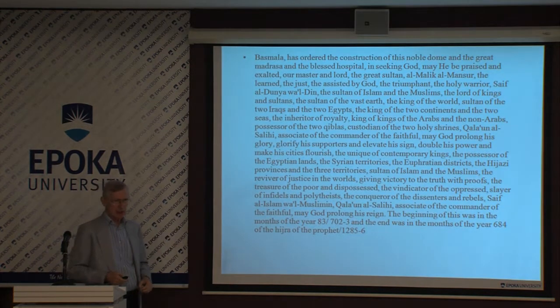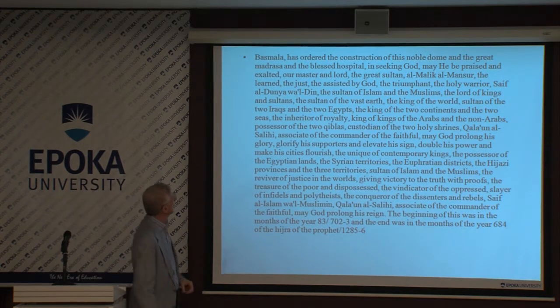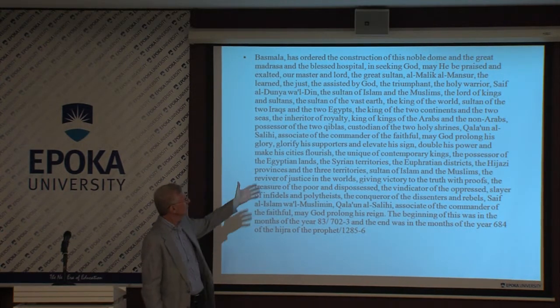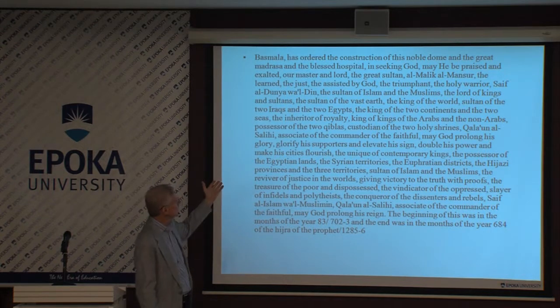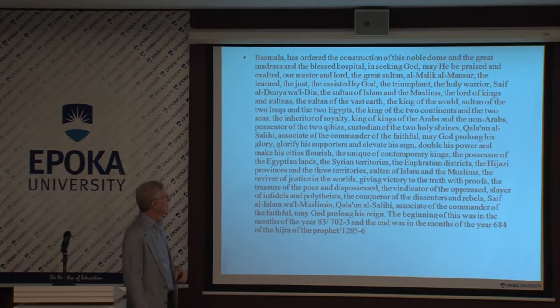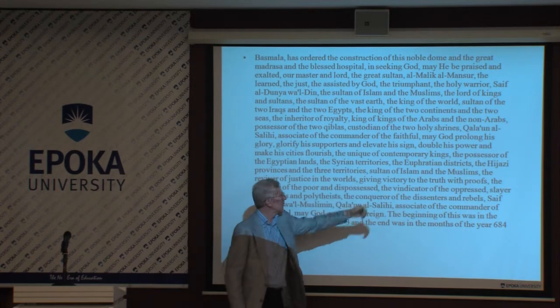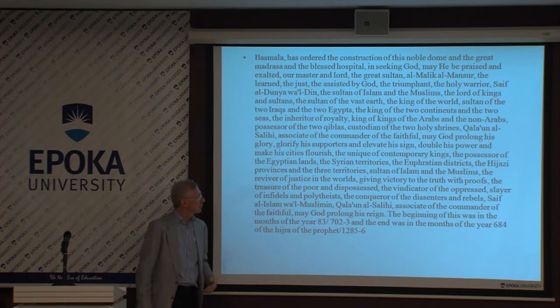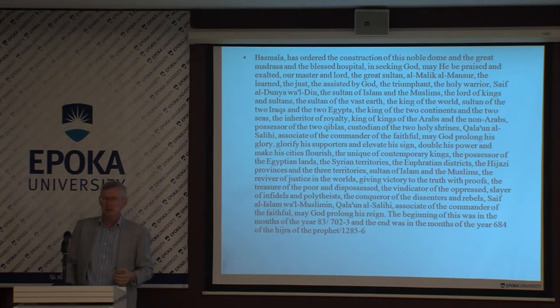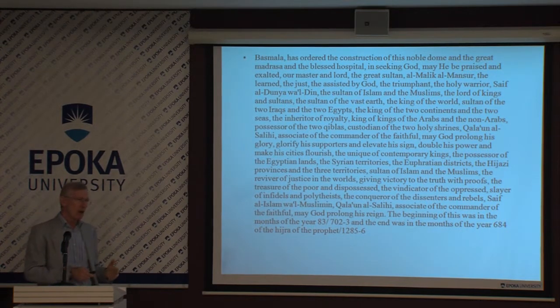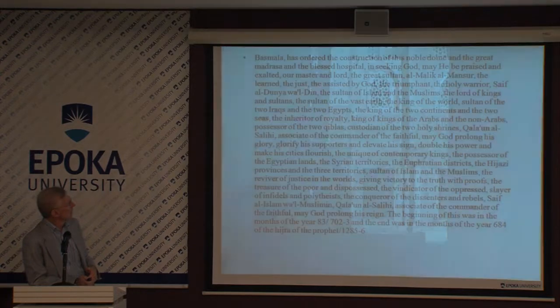This is the translation into English, and it has these wonderful ringing titles: King of Kings of the Arabs and the non-Arabs, possessor of the two Qiblas, custodian of the two holy shrines, Sultan of Islam and the Muslims, the reviver of justice in the world, giving victory to the truth with proofs, etc. A wonderful endorsement of his power and of his generosity also in giving this monument to his subjects. People were actually treated free in the hospital that was part of this complex.